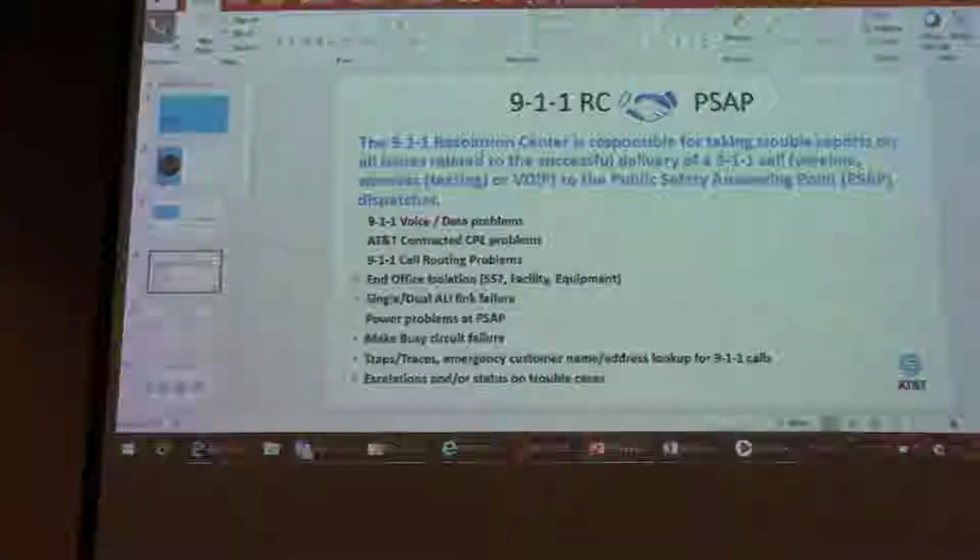Regardless of what you're reporting, within the 911 system, you might have trunks, or different products outside your 911 system, but everything in the 911 system is reportable through the Res Center. They are your first and single point of contact, the liaison who directs where things need to go.